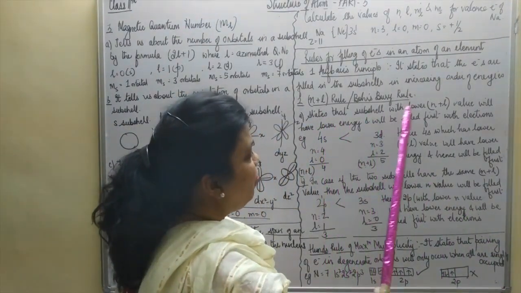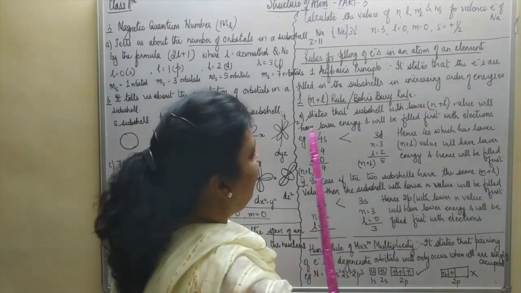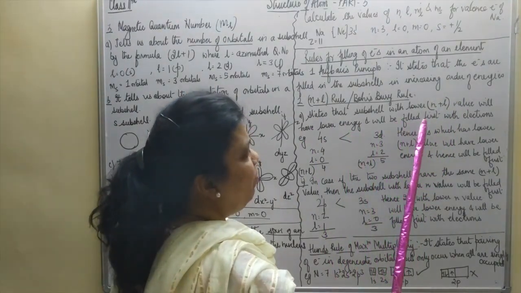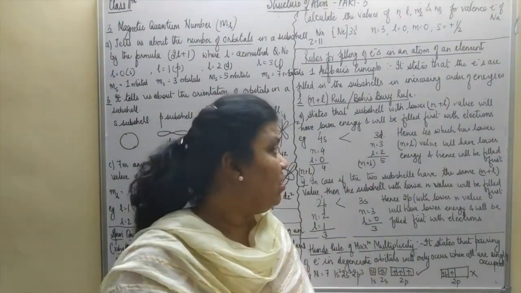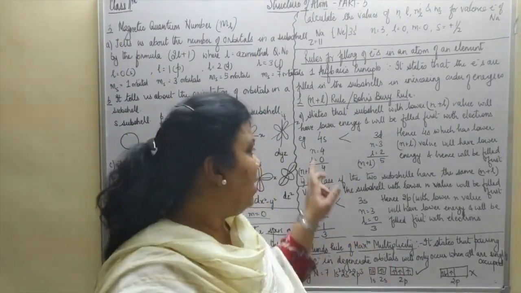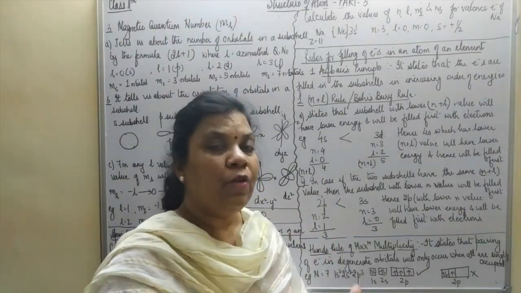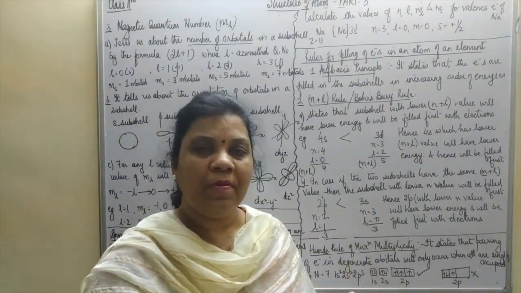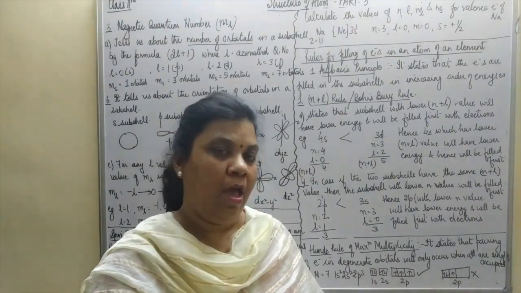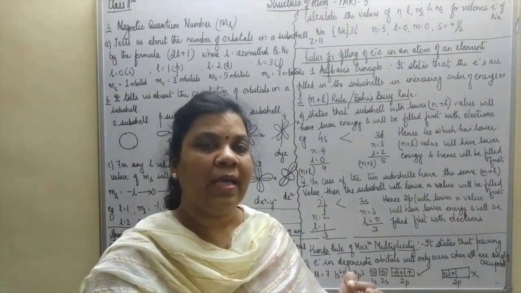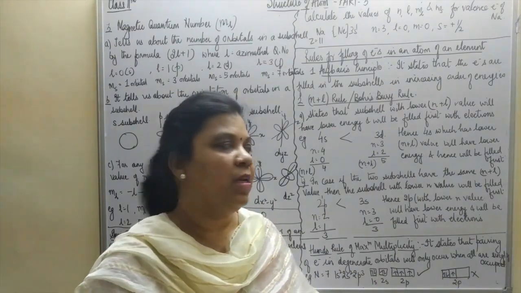It states that the subshell with lower n plus l value will have lower energy and will be filled first with electrons. For example, let us take the case of 4s and 3d. We know according to the Aufbau diagram that 4s is filled prior to 3d. Why so? Let us explain it according to the Bohr-Bury rule.